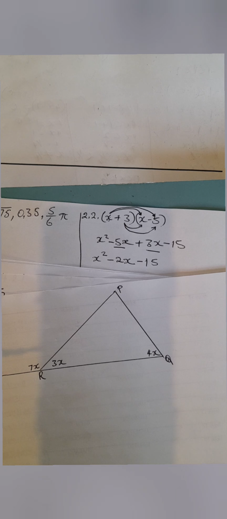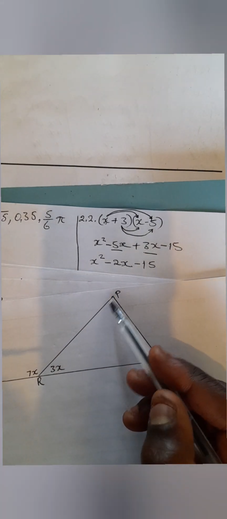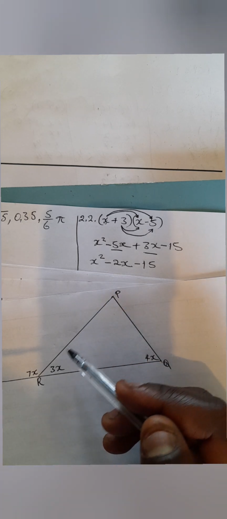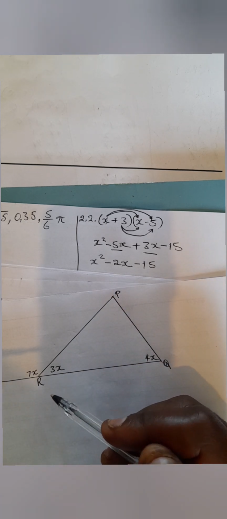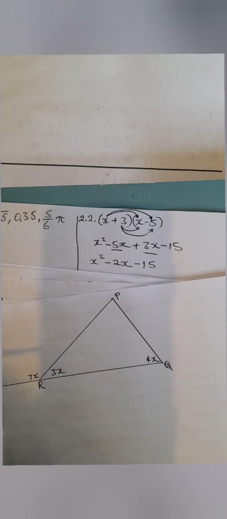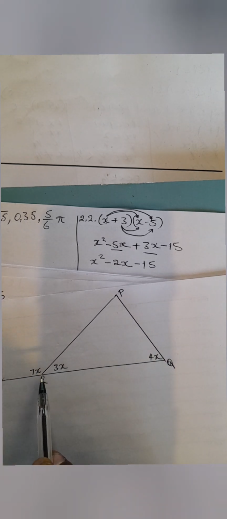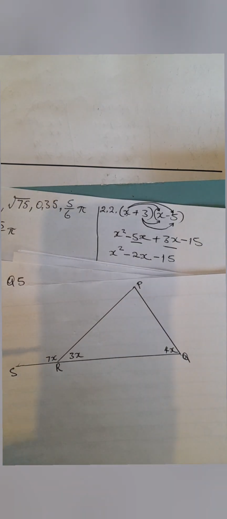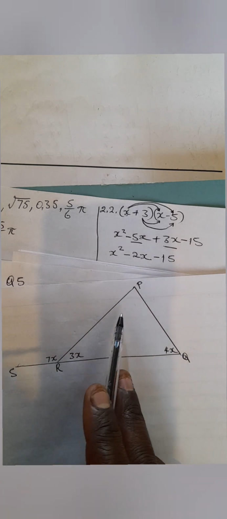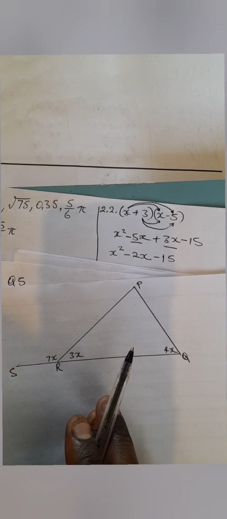PR and SQ intersect at R. This is PR, and this is SQ, intersecting at point R. Angle SRP equals 7x.